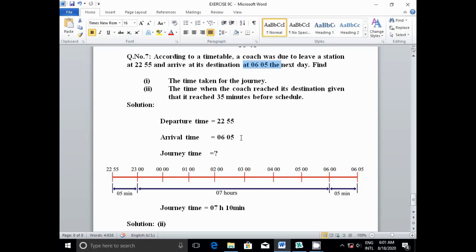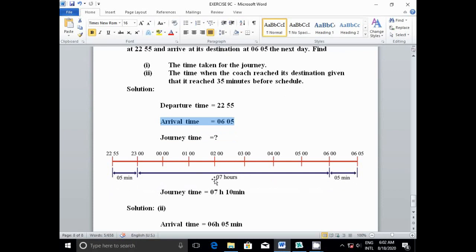So let's find the total journey time. Now we know that there is a difference of 5 minutes between 22 hours 55 minutes and 23 hours. And we also know that there is a difference of 5 minutes between 6 hours and 6 hours and 5 minutes. And then we have a total of 7 hours between 23 hours and 6 hours next day.